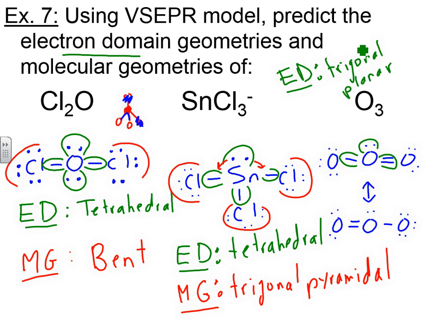Alright, now in terms of molecular geometry, we say that only 2 of these have atoms on them, and then this is simply influencing the atoms, pushing them down, creating the bent shape again. This is the bent geometry. Notice we've seen bent come from tetrahedral, and bent can also come from trigonal planar.